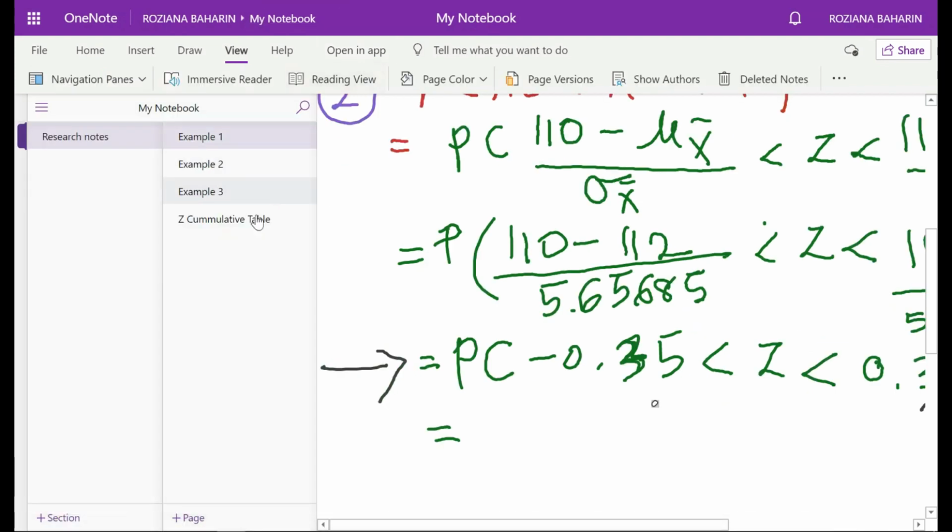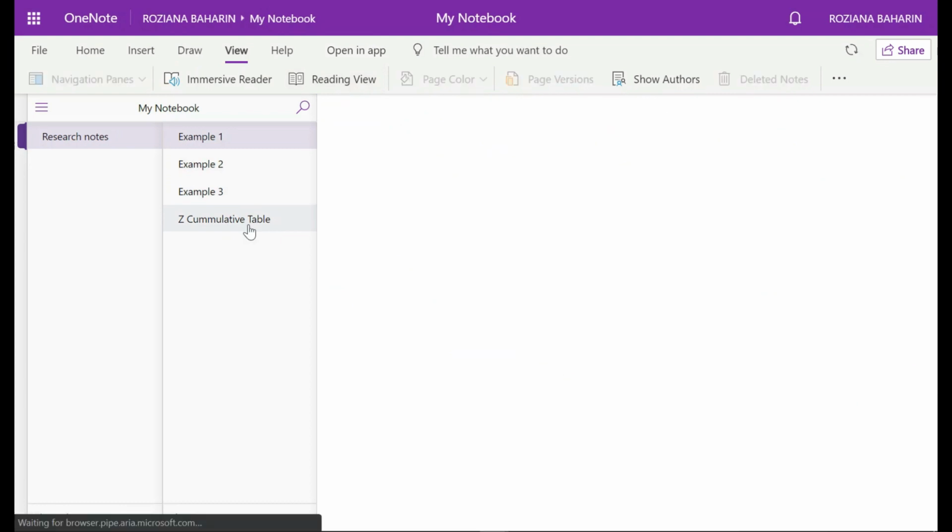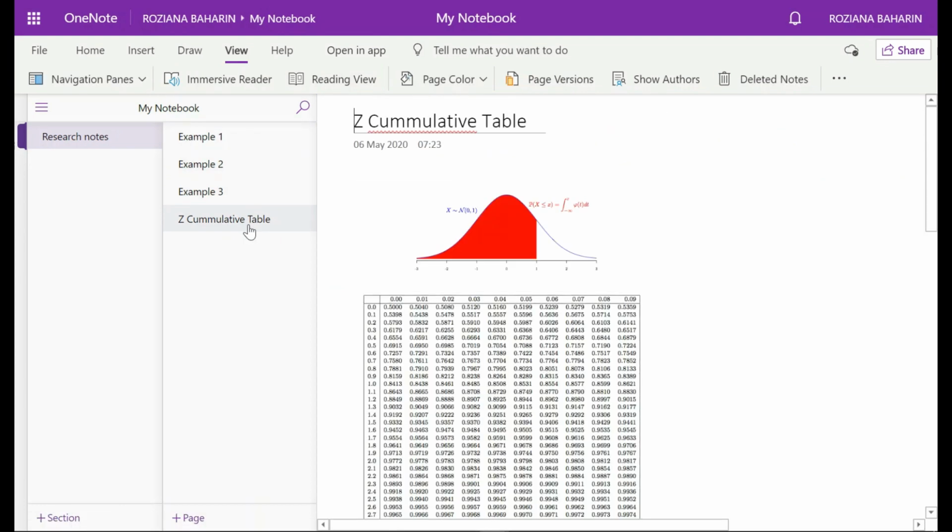Now we refer to this Z cumulative table. You need to find the probability of Z less than 0.35 and also more than negative 0.35. The first one is the positive table.